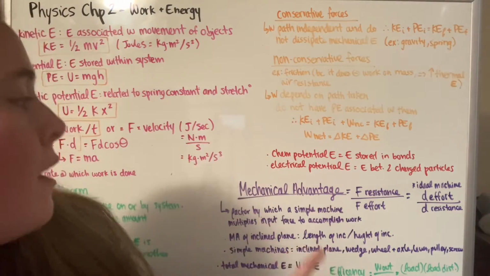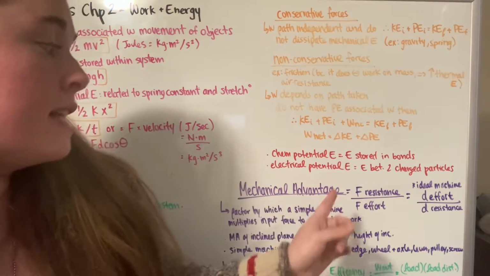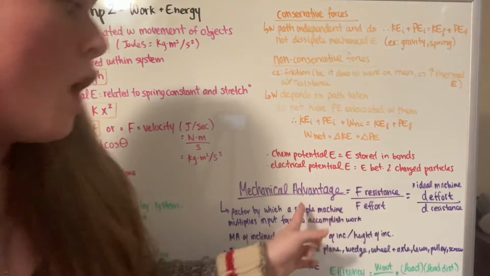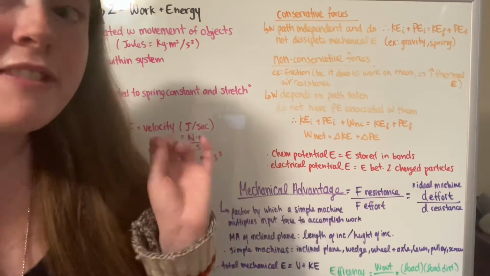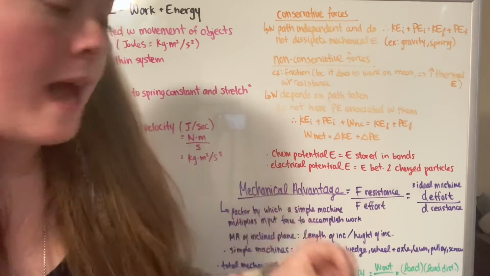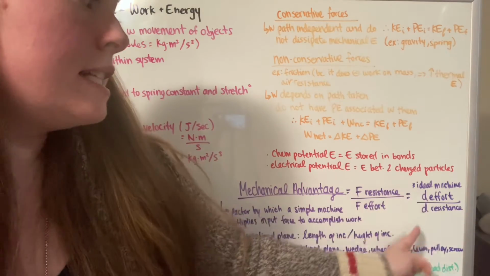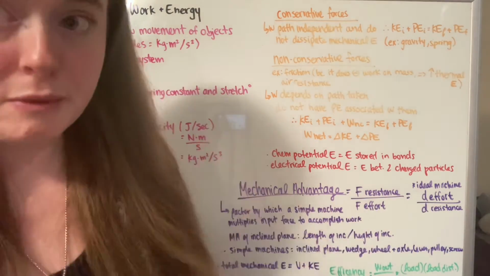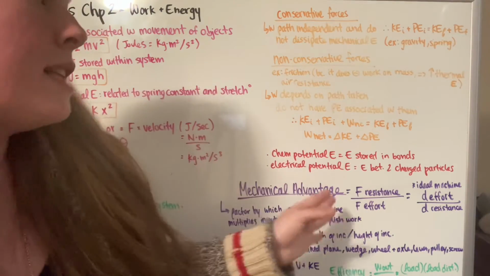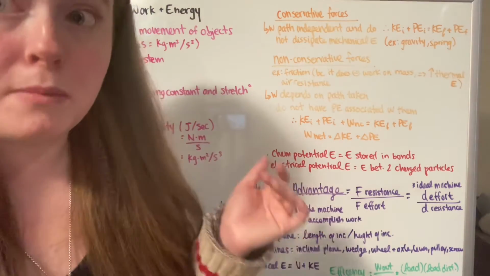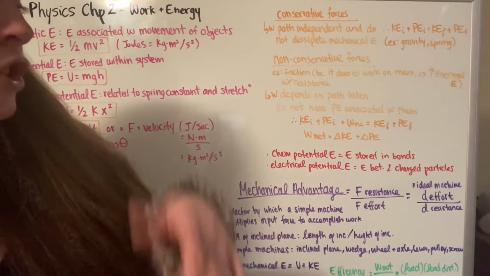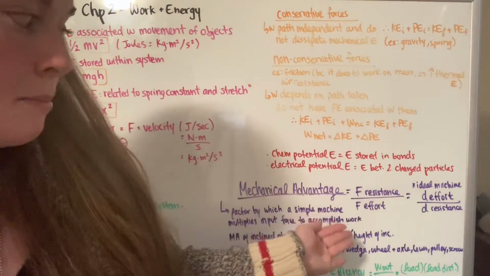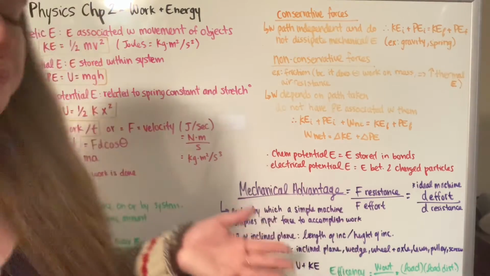Mechanical advantage is the force of the resistance over the force of the effort. And if it's an ideal machine, that can also equal the distance of the force over the distance of the resistance. So this makes more sense in a word problem context. You'll see what this means. But just as a general formula, that is an important thing to remember.